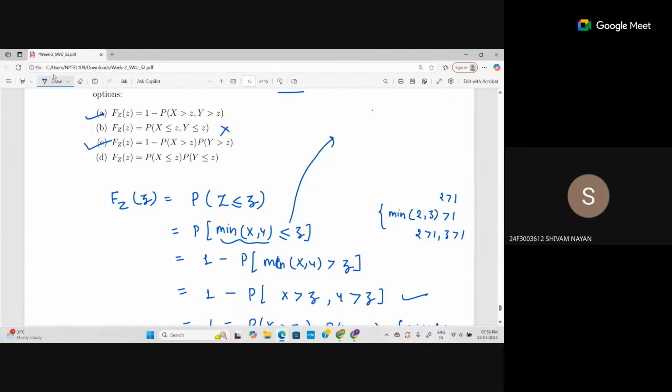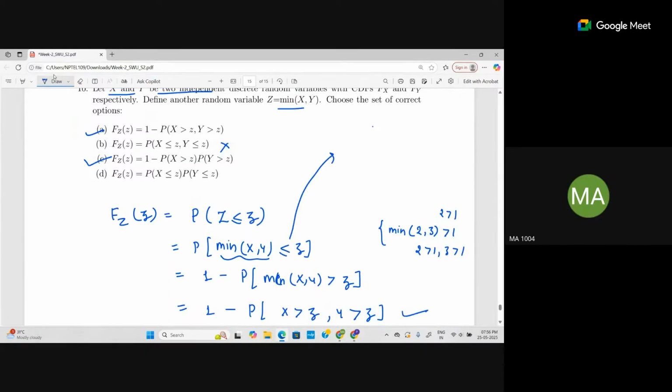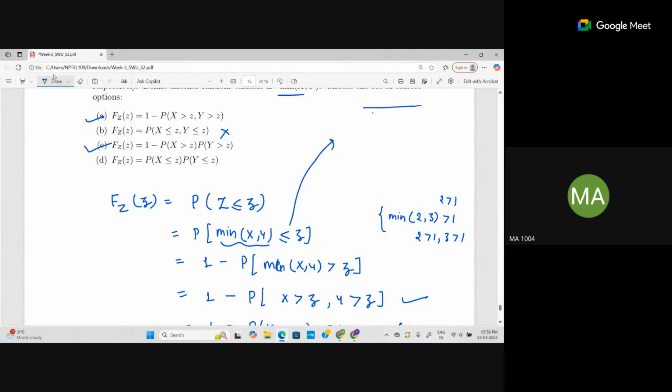Ma'am, if the probability of the minimum XY equals z. In that case, we write it like this: if you are given some point z and you are given z plus 1 and you have to find the probability at z, what you can do is take greater than z and subtract greater than z plus 1. So you will be left with this probability only.